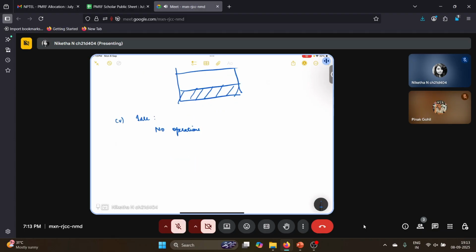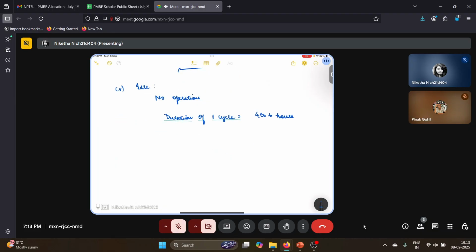So the duration of one cycle is 4 to 6 hours. And the cycle time, or TC, is your time required for filling, time for reaction, time for settling, time for decantation, plus time for idle.